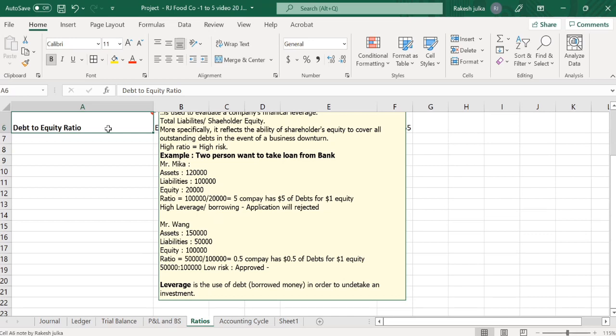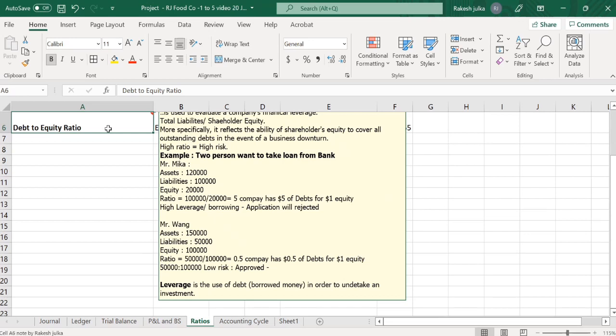So what is leverage? Leverage is the use of debt, the use of borrowing in order to undertake an investment. High ratio means high leverage, low ratio means low leverage.